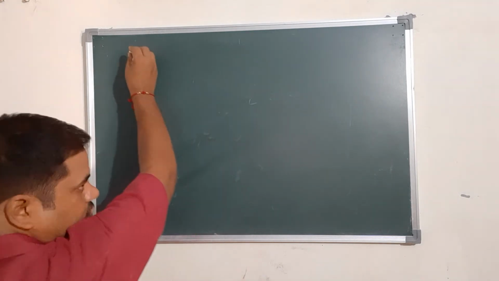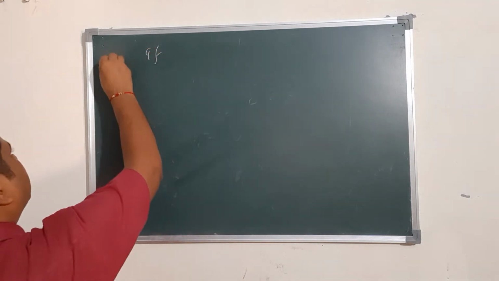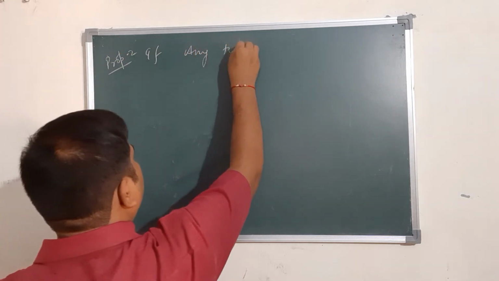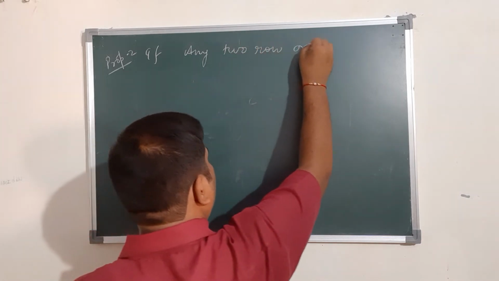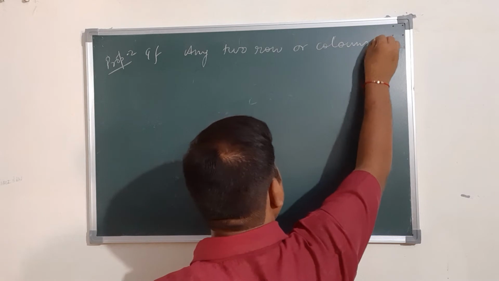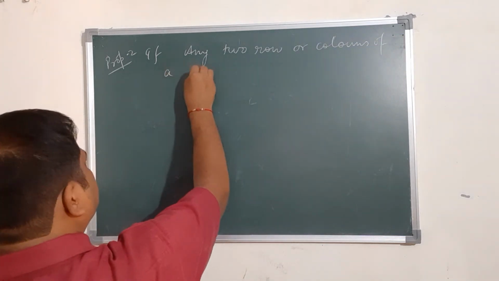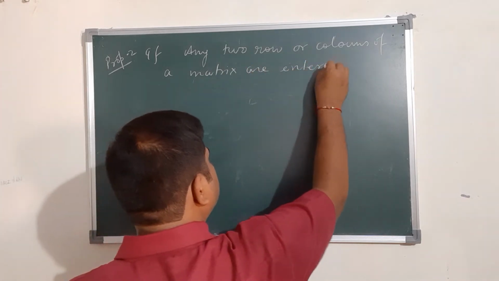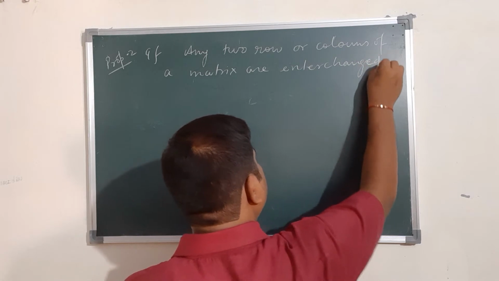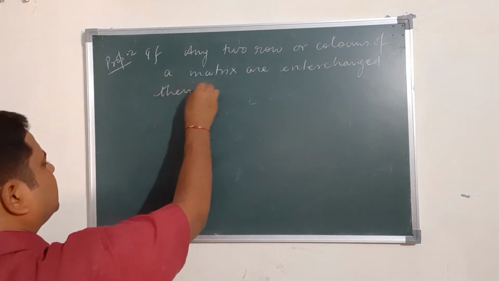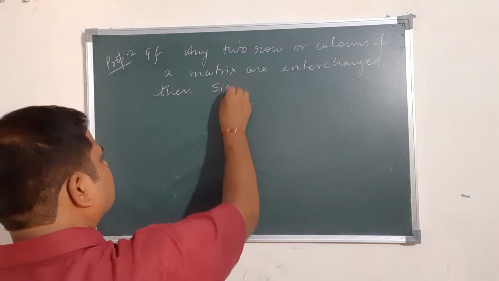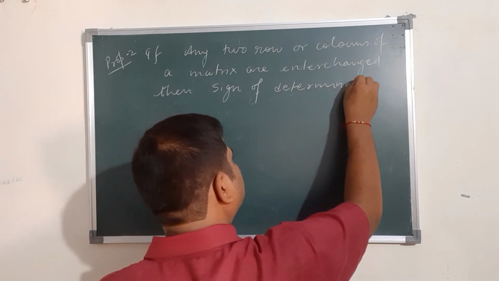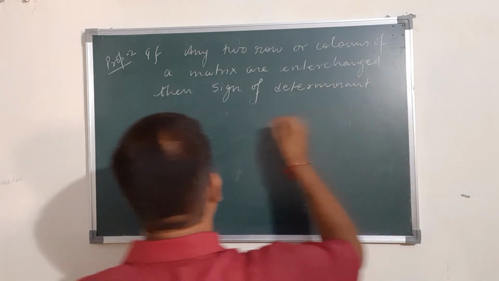If any two rows or columns of a matrix are interchanged, then the sign of the determinant changes.